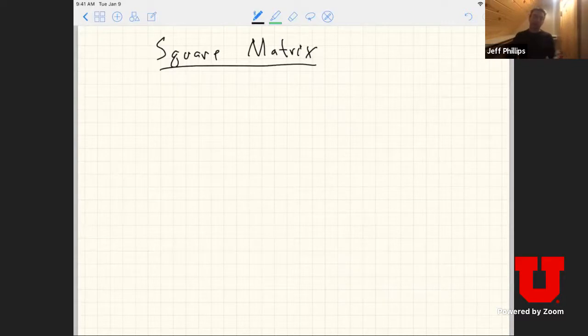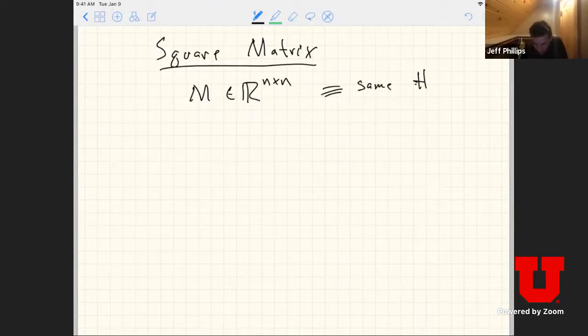You can have N data points with D attributes, and N and D don't need to be the same. The typical matrix we use will be some M as the name of the matrix, and we'll say these are N by N. This means it has the same number of rows and columns.